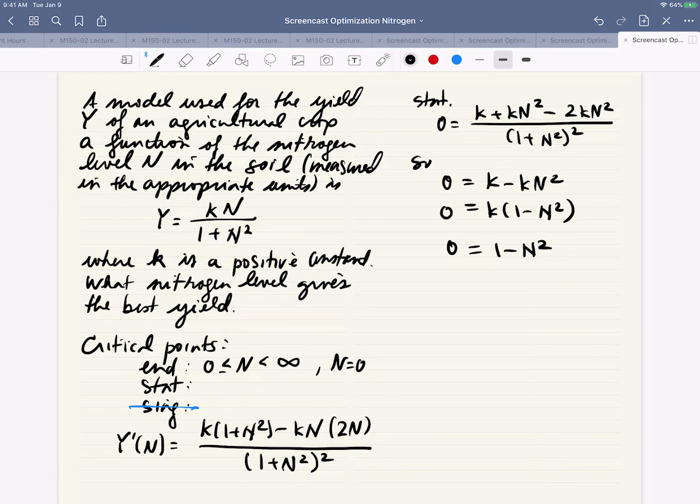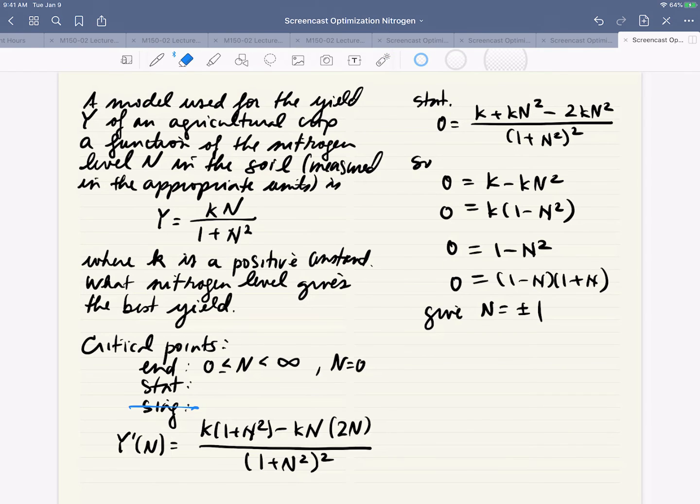I get 1 minus n squared, and that factors into 1 minus n and 1 plus n. So the solutions to this equation are n equals plus or minus 1. But going back to our conversation on the endpoints, we agreed that the level of nitrogen can't be negative.